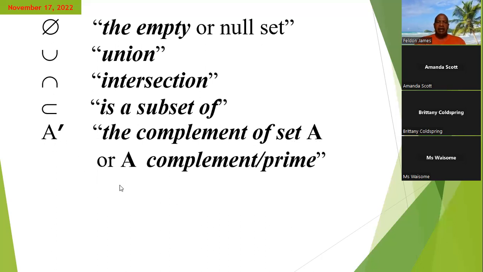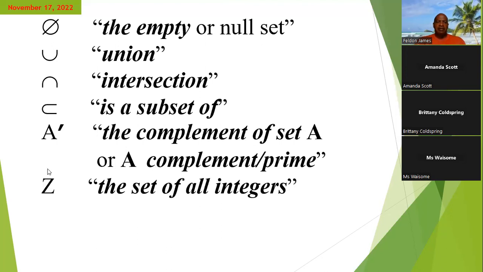All right. Another name often used for A complement is A prime. So if you see A prime or A complement, it means the same thing. So you should look out for the different uses of these words for the symbols.